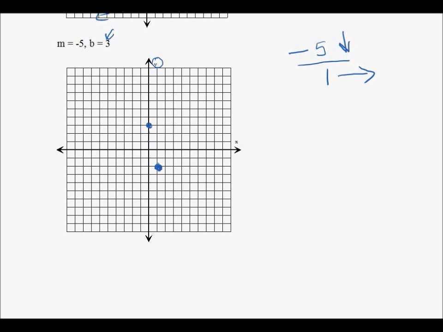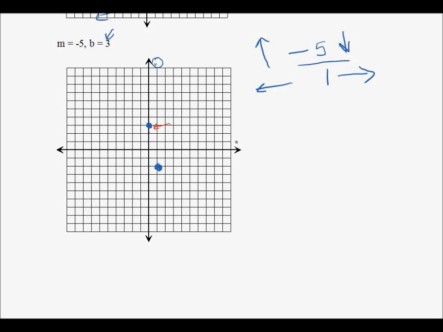But what if I started here and I wanted to move up? I'm going back to my original point that I just put on my y-axis. I'm going back to my y-intercept. Let's say I didn't have enough space and I needed to move up 5 units. I'd move up 5 units and to the left 1, and it'll keep all my points in the straight line.